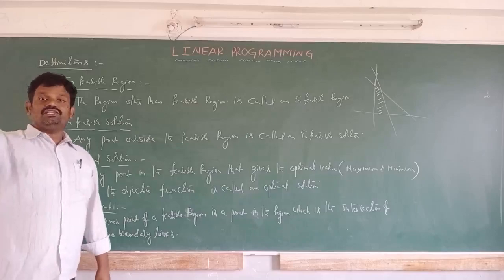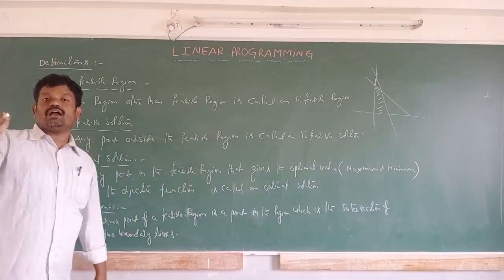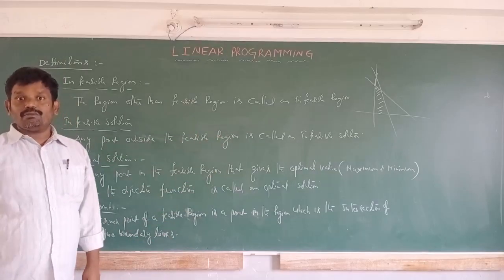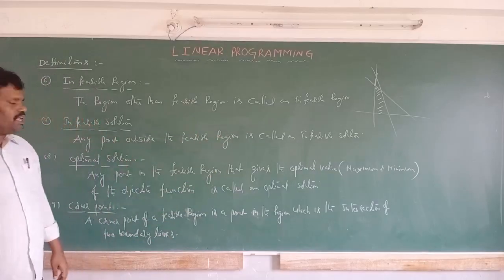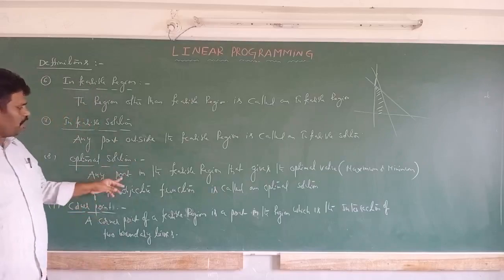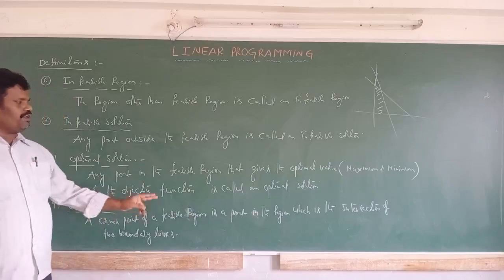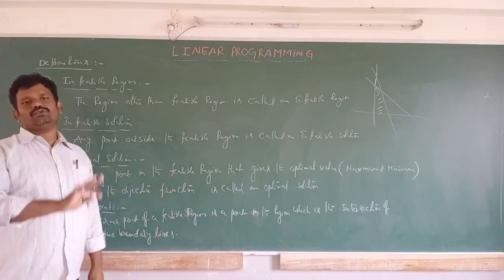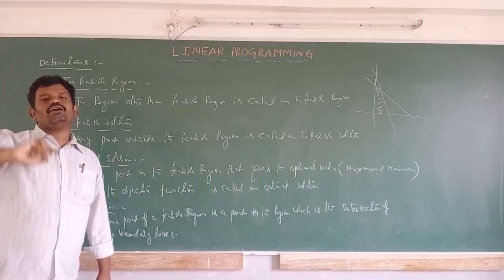Objective function Z is equal to 250x plus 75y. If we substitute the point 10 comma 50 from the previous question and get maximum profit, that point is called the optimal solution.